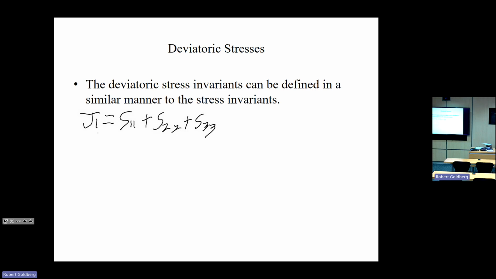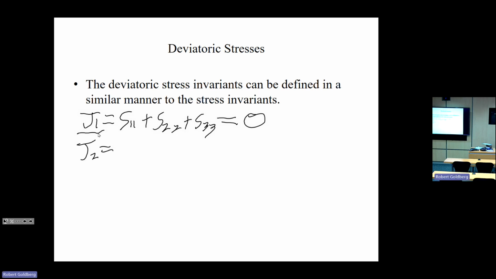I'm not going to repeat it all here, but the important point is that the first invariant of the deviatoric stress tensor is equal to 0, which makes sense because this first invariant reflects the volumetric response, and the deviatoric stresses are only the shear component. So it makes sense that J1 is equal to 0.